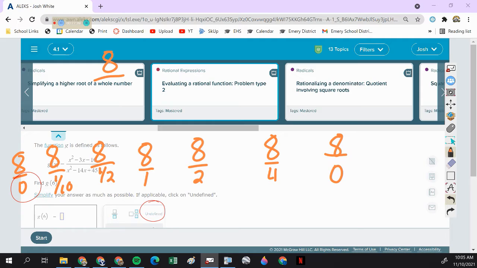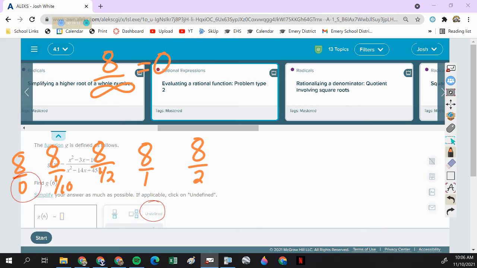Now, here's another idea. What is 8 divided by infinity? That means if I take 8 inches and I cut it into an infinite number of pieces, how long is each piece? 0. If you never stop chopping, those pieces are going to get smaller and smaller and smaller, which makes sense.